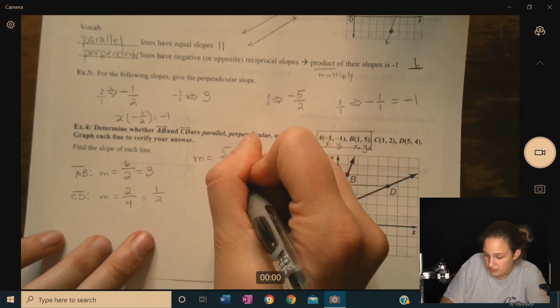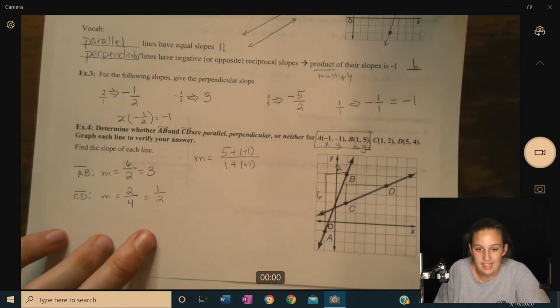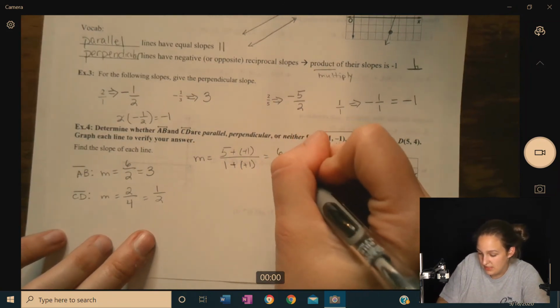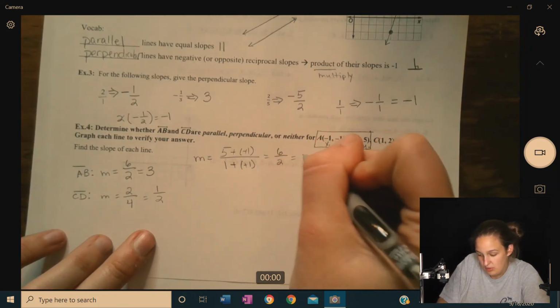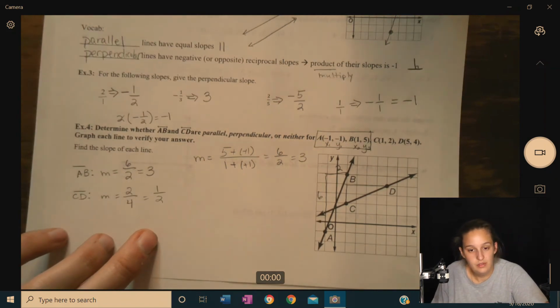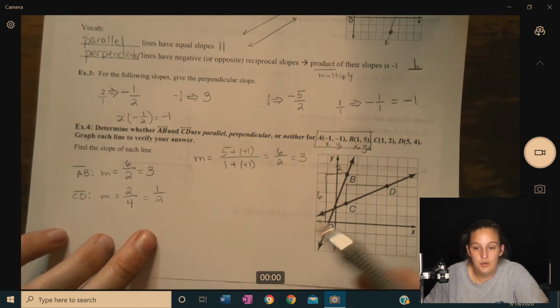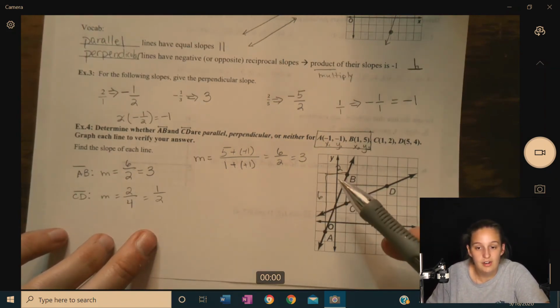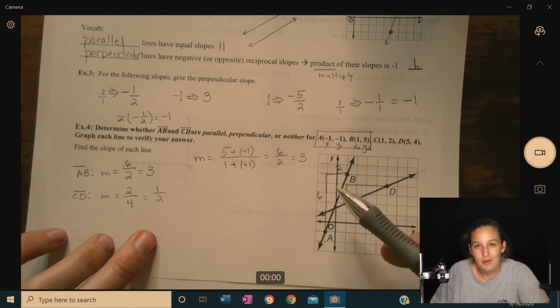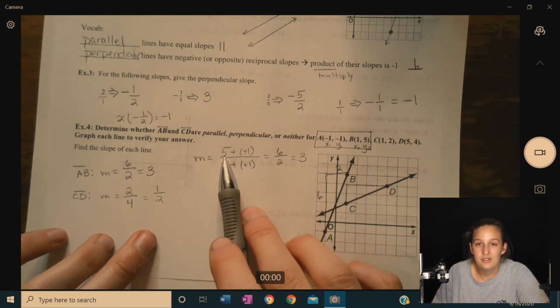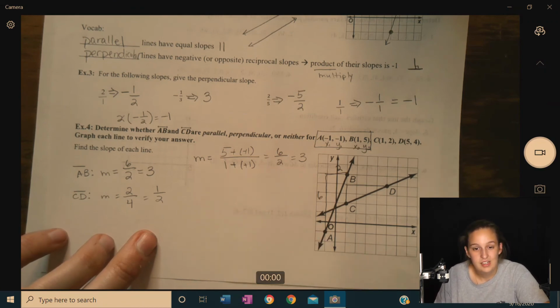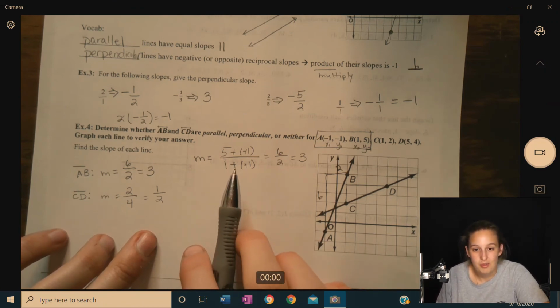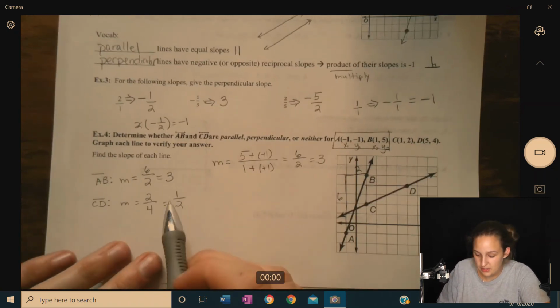And when you subtract a negative number, it's just like adding. So this is really 6 over 2, which is just 3. So you can do it either way. If you had graphed it out, you could draw it out and then find the slope that way from the graph. Or you can use the equation change in y over change in x, rise over run, to find your slope that way. Okay, so you get these 2 slopes.